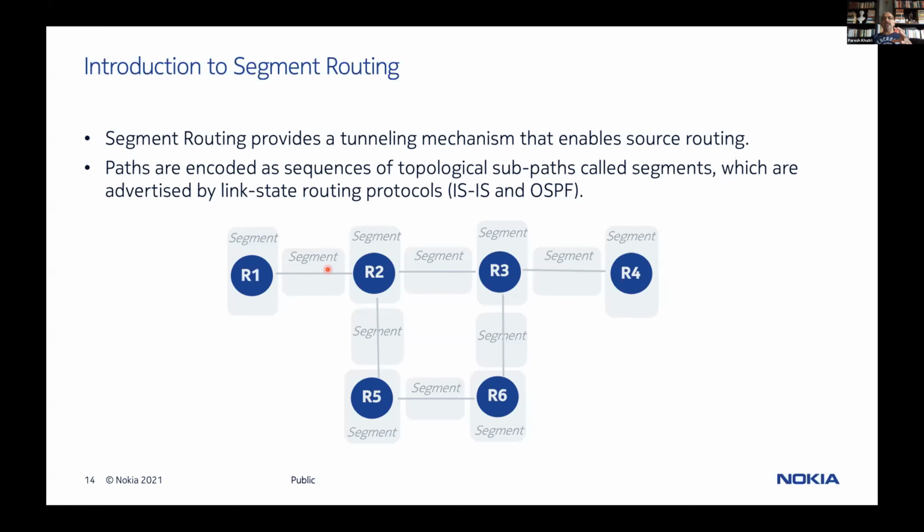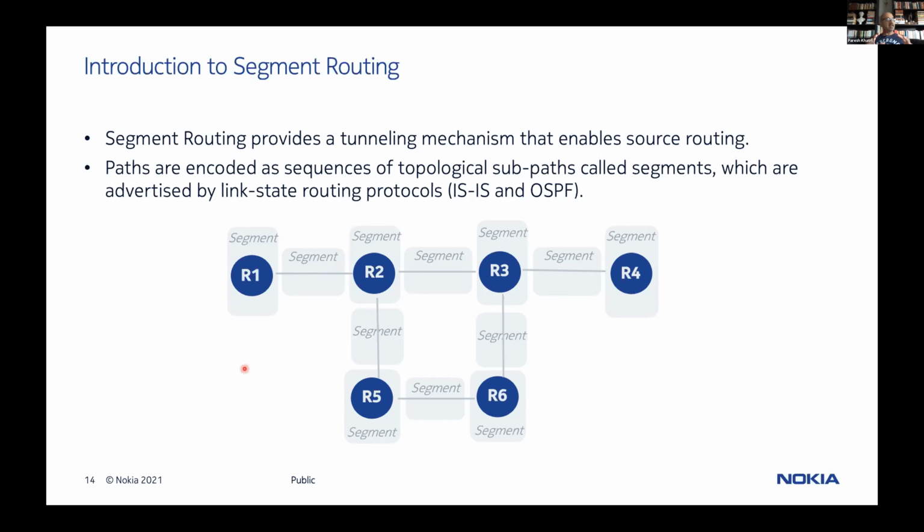Now, the existence of these segments is advertised via the IGP. Well, and I guess there's only two IGPs that we work with these days, right? That's the link state ones, ISIS and OSPF. And we've got extensions to these protocols that allow us to advertise segment information in the network.